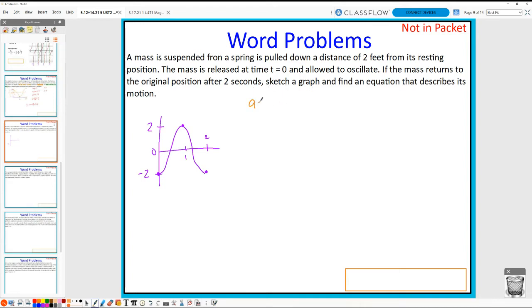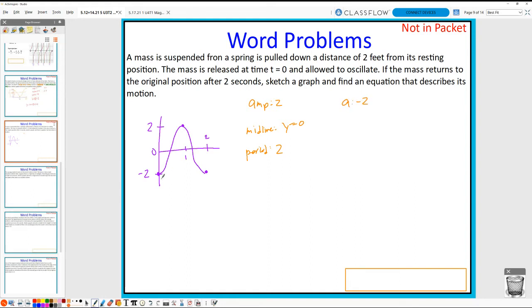Again, my amplitude is 2. My midline is y equals 0, and my period is 2.